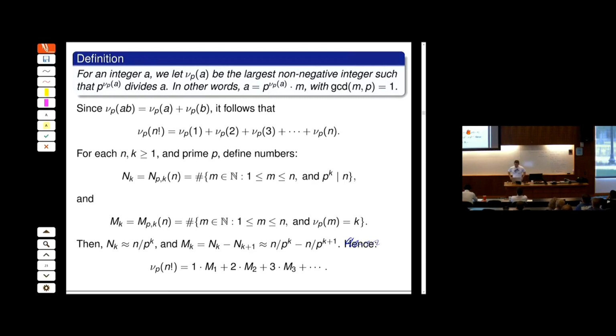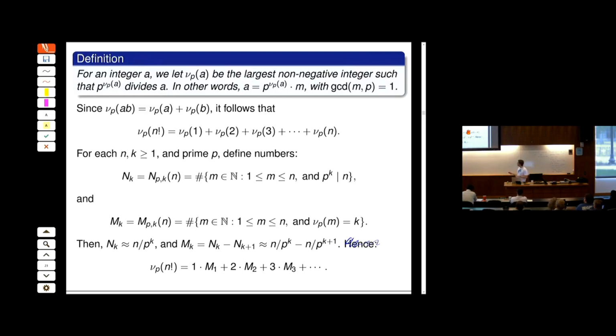The p-adic valuation of n factorial, from the definitions of the m_k, will be as follows. I want to know how many numbers up to n are divisible by p, how many are divisible by p squared, how many by p cubed, and there will be a valuation contribution from each one of those.